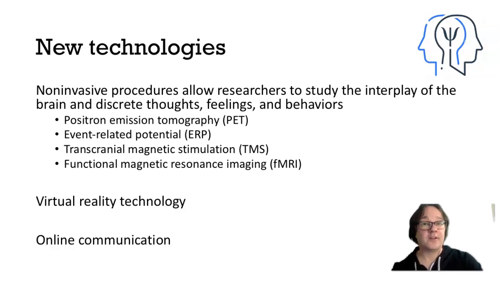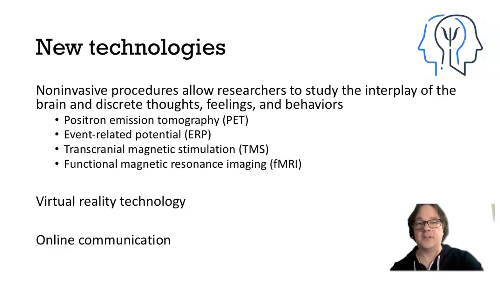For example, we're not going to get a fMRI machine at SUNY Oneonta anytime soon because, well, we don't have tens of millions of dollars to spare on it. But these new technologies are non-invasive procedures that allow researchers to study the interplay of the brain and what might be discrete thoughts and feelings and behaviors.